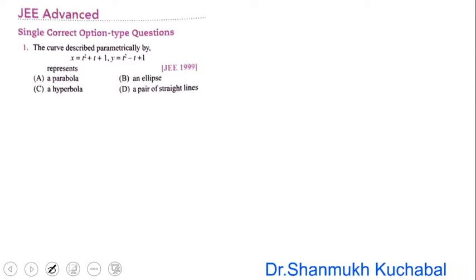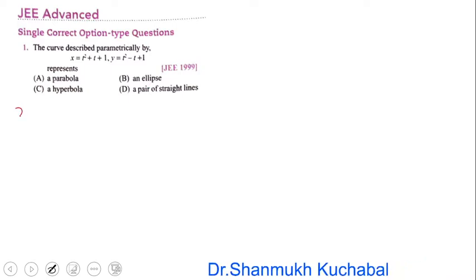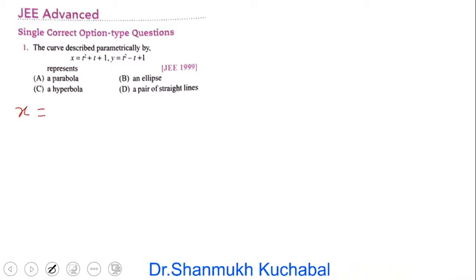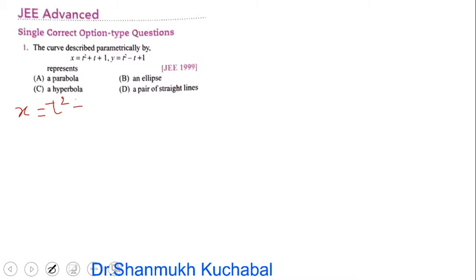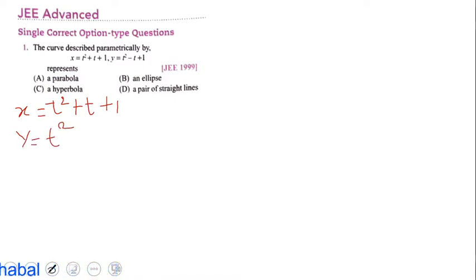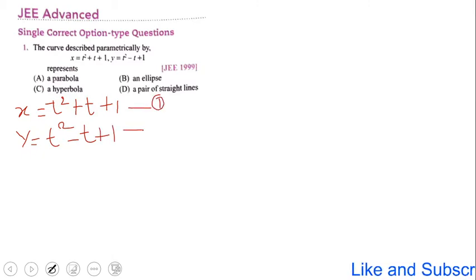We'll note it down. x is t square plus t plus 1. Another equation we have is y equal to t square minus t plus 1. I call these equation 1 and equation 2.